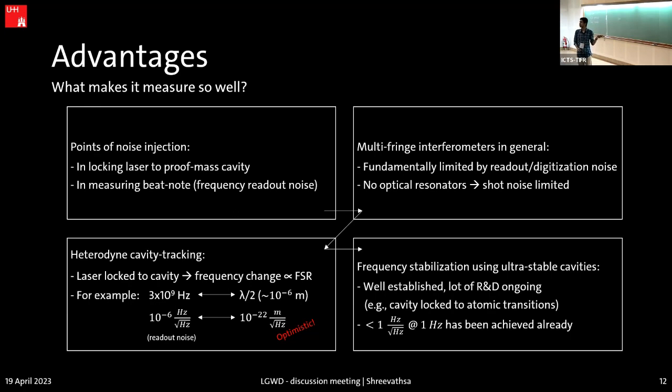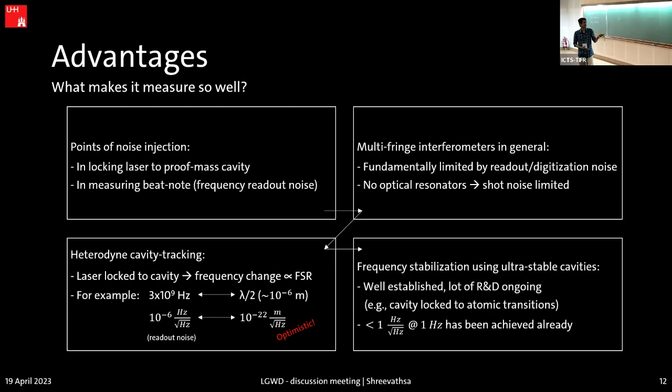It was already shown in the LISA phasemeter development, and so we go down by an order of 15. So in the length readout, it will be a very optimistic value, meaning 10 to the power minus 22. This means that the length readout, displacement readout, can be done highly precisely, assuming ideal conditions.